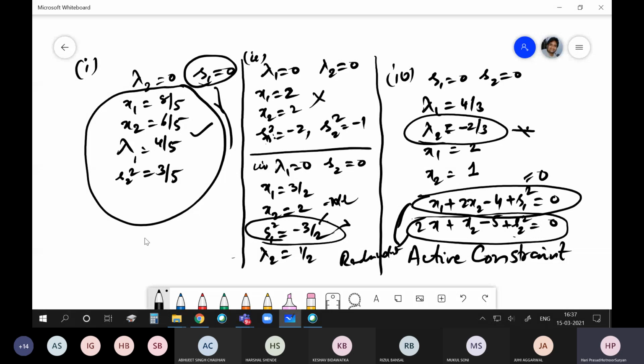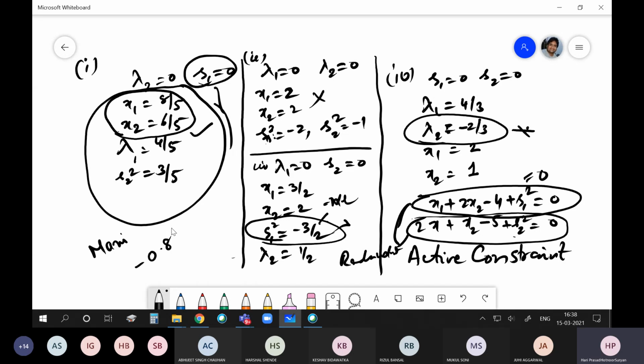So what is the maximum value which we get? These are the x1 and x2 values at which the maximum will occur. What is that value? If you do it, it will come as minus 0.8.